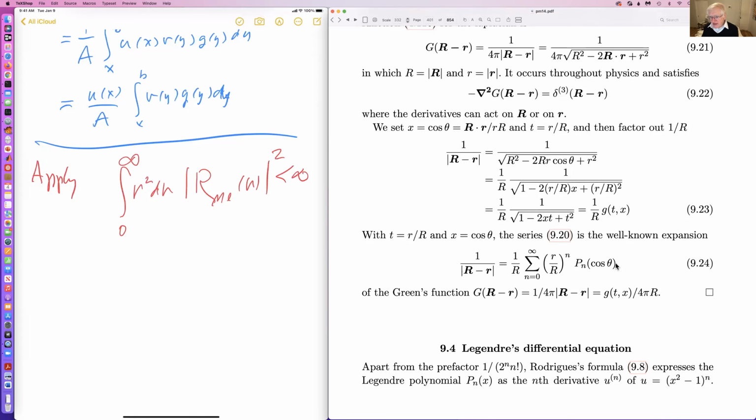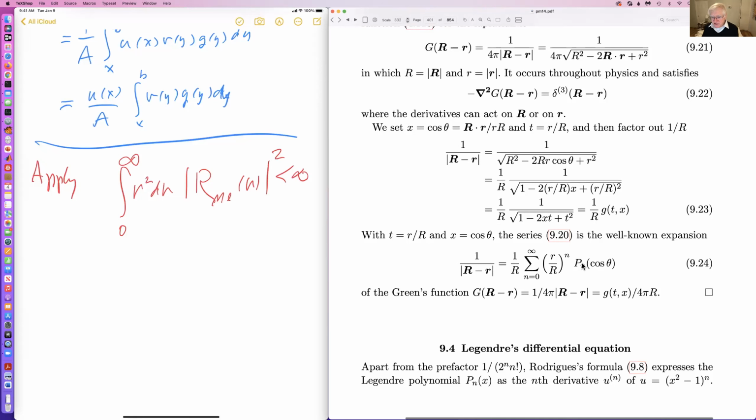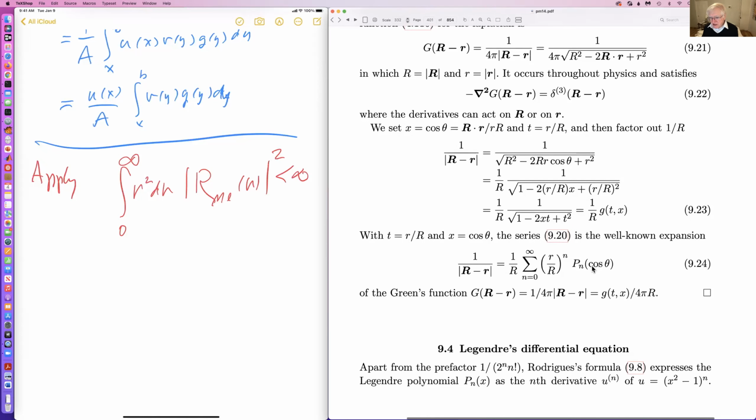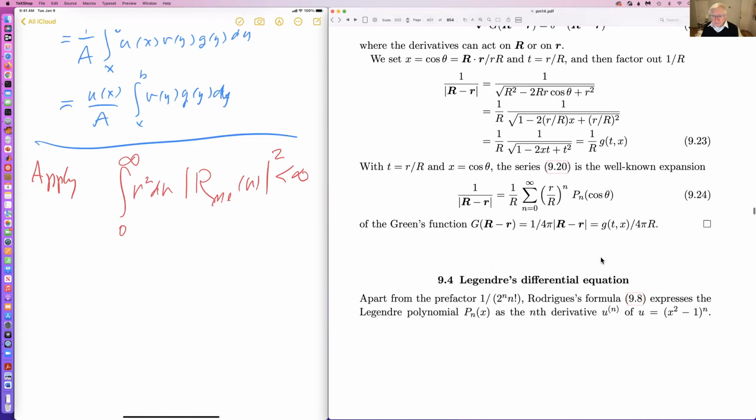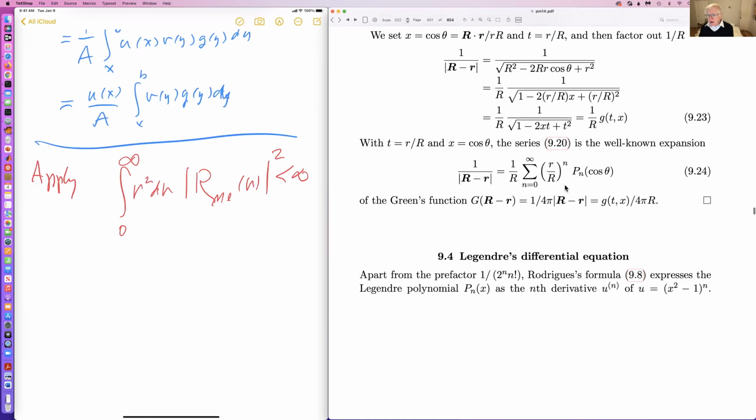And now we know that that is just a sum of t^n P_n(cosine theta), P_n of x being cosine theta, t being r over R. So this is a famous formula for the Coulomb-Green's function expressed in terms of the Legendre polynomials.